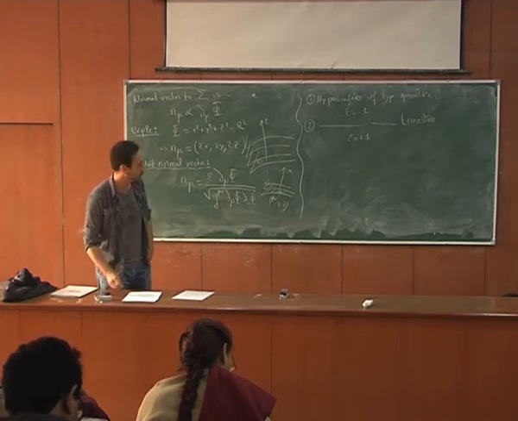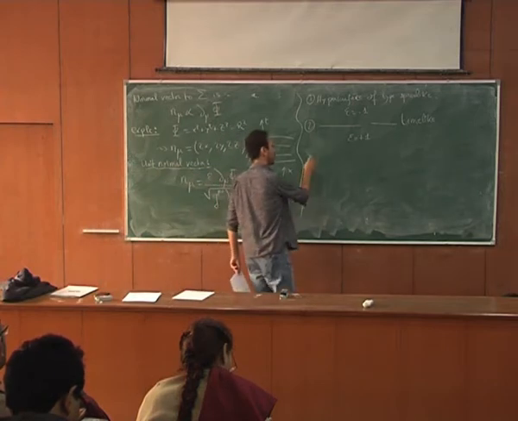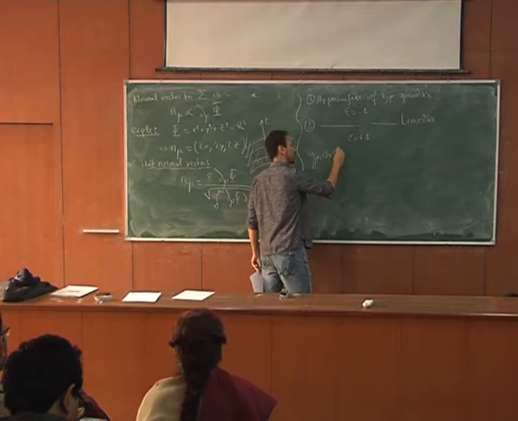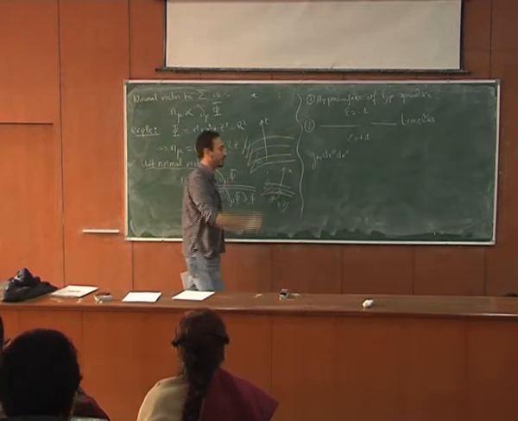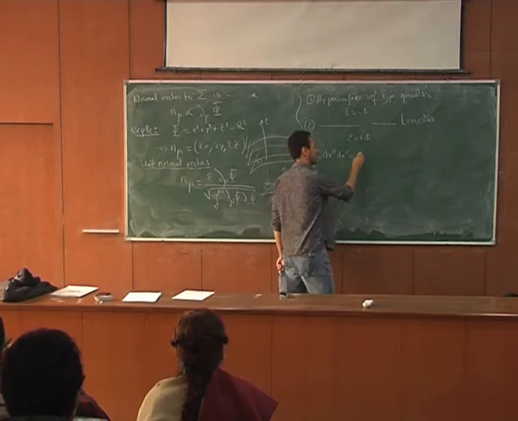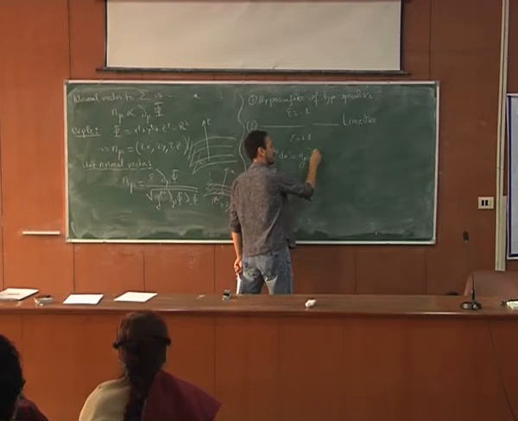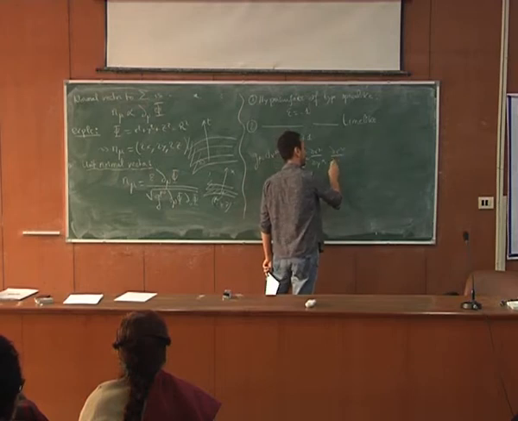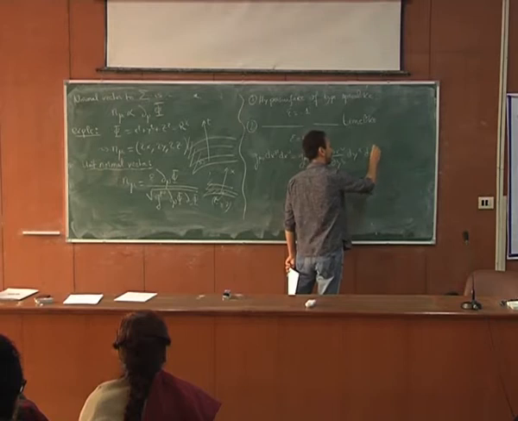As soon as you have your coordinate system, you say that g mu nu dx mu dx nu, the metric of the full space-time, is equal to g mu nu dx mu/dy a dx nu/dy b dy a dy b.